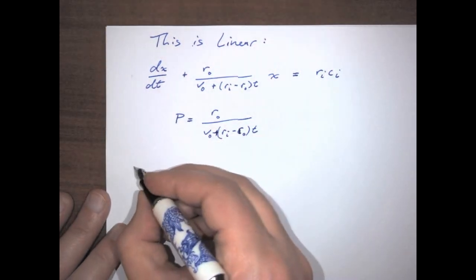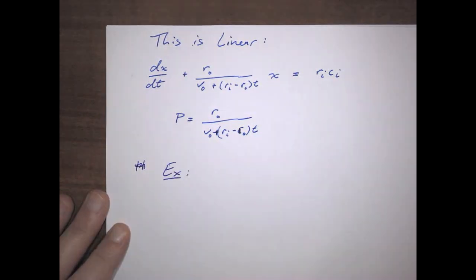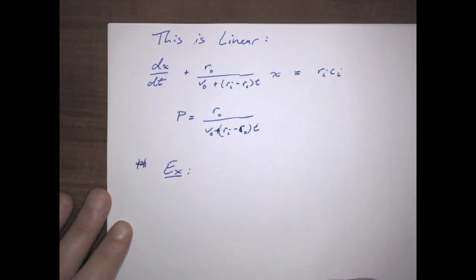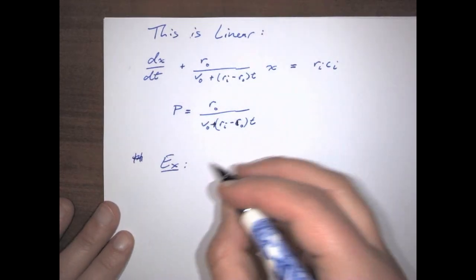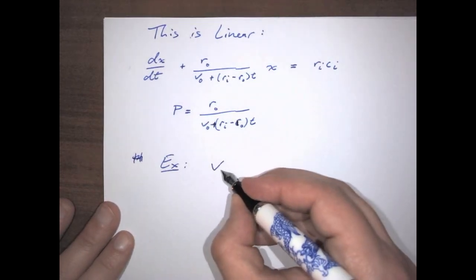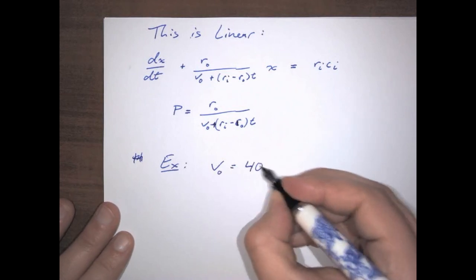Okay, so then here, back in our example, the pieces of information that we were told: the overall capacity was 800 liters, we had nothing to do there. We know the initial volume is 400 liters.